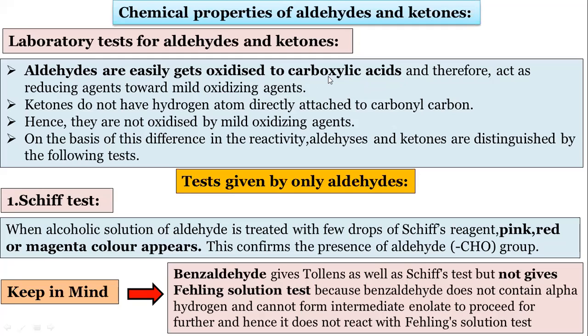That means oxidation of aldehydes is easy, so they act as reducing agents. In 11th standard, we learned what is meant by an oxidizing agent and what is meant by a reducing agent.